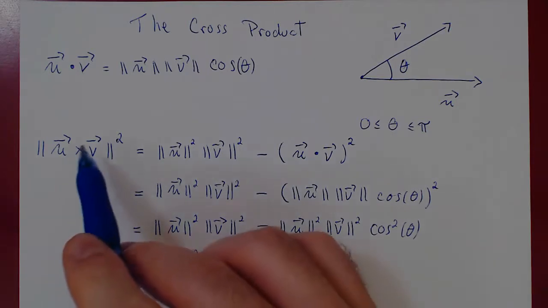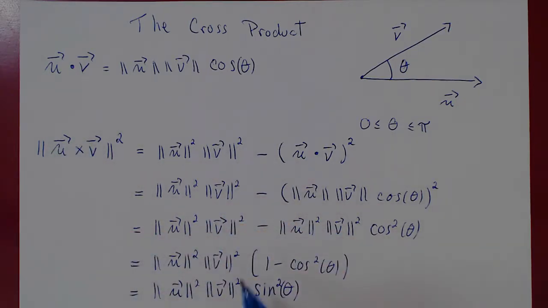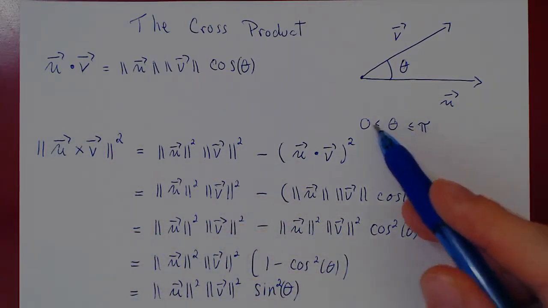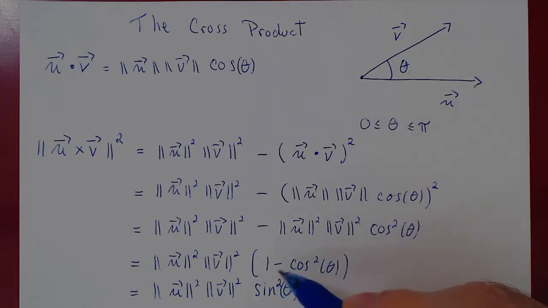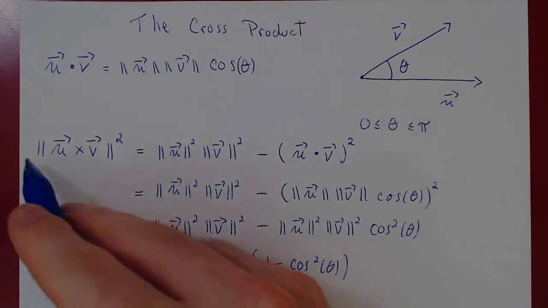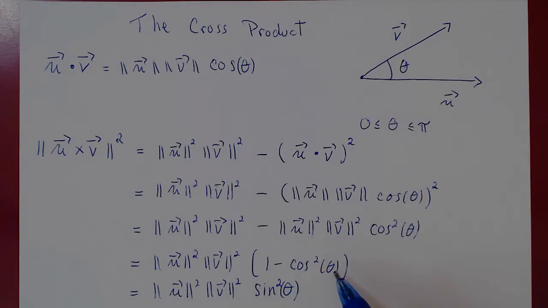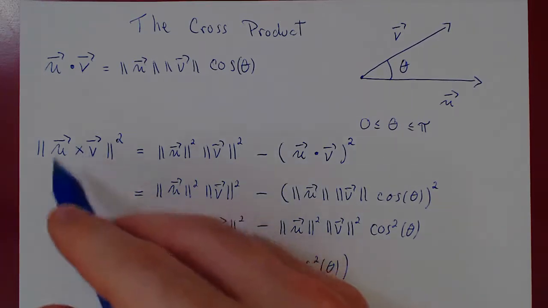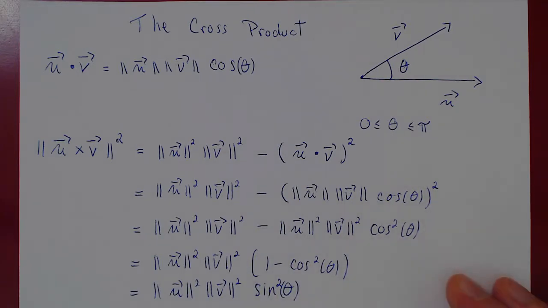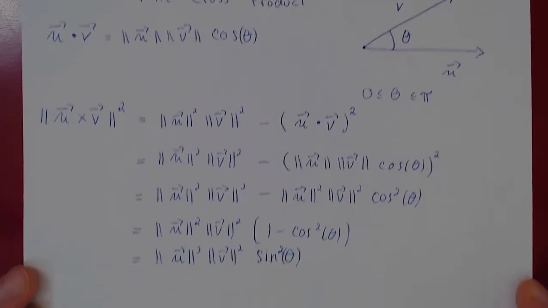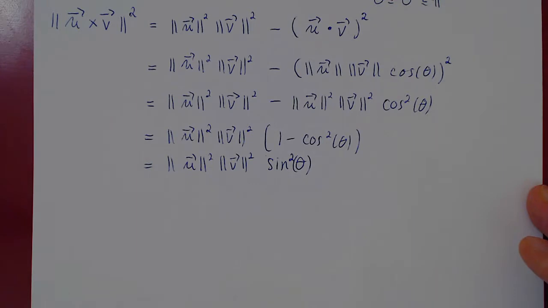And it's okay because the norm is a non-negative quantity, and because theta is between 0 and pi, sine will always be non-negative, so we can take the square root on both sides, and there is no need for an absolute value because every term under the square root, including sine of theta, is non-negative. And if we do so, here's our conclusion.